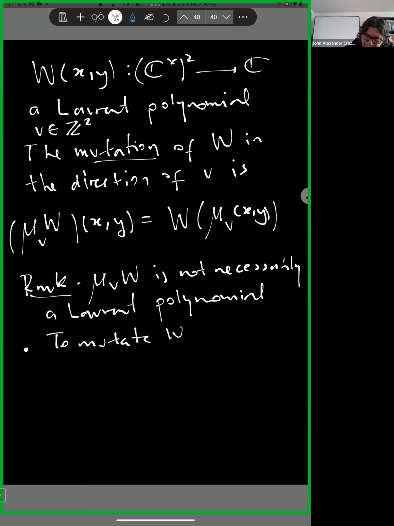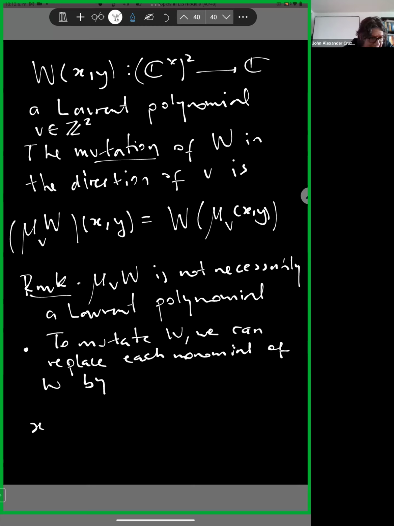To mutate W, we can replace each monomial of W by the following formula.